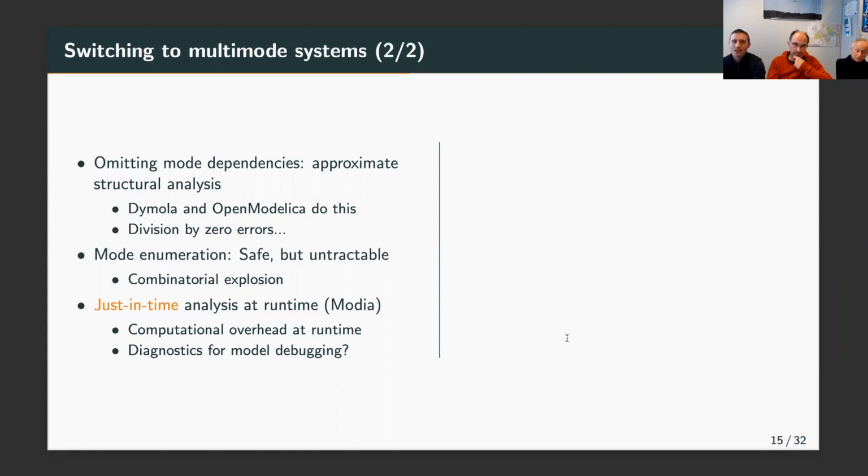Another limitation is that if a multimode model that somebody wrote is incorrect not in all modes, but in a few modes, maybe in some mode you have too many equations, or maybe too few equations, this is not something that will be detected at compile time, but something that may be detected at runtime if it so happens that during the simulation the system goes to one of these faulty modes.